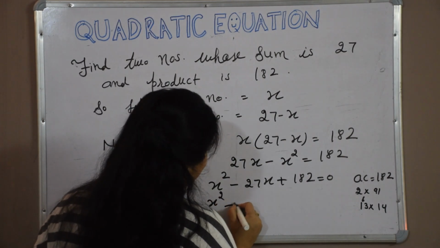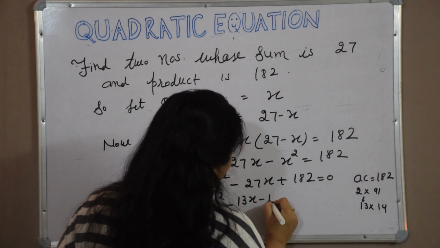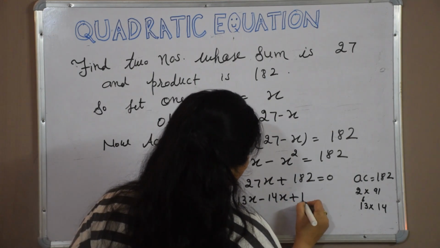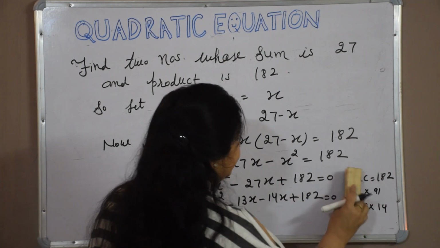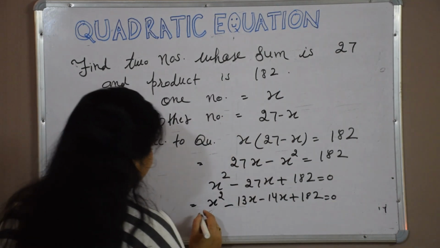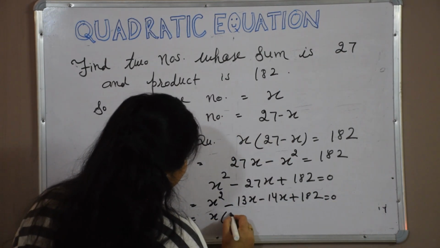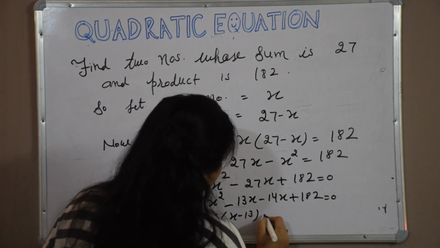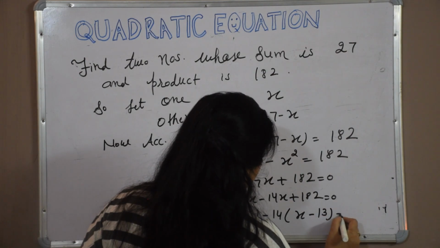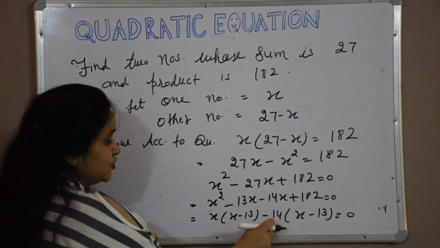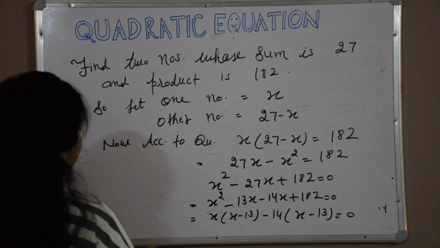X square minus 13x minus 14x plus 182 equals 0. Taking x common, x minus 13, and minus 14 common, x minus 13. Here minus 14 is common, and here x is common.